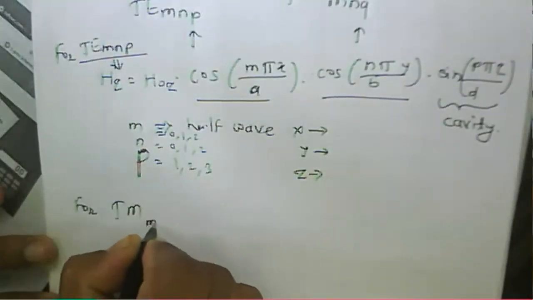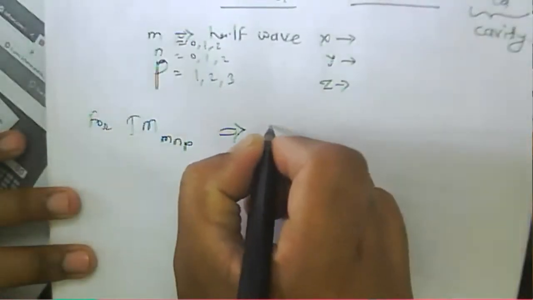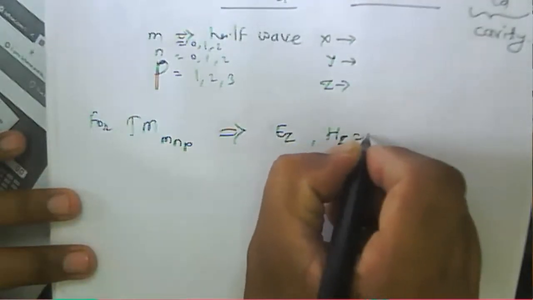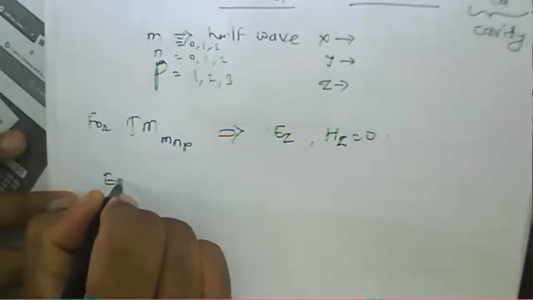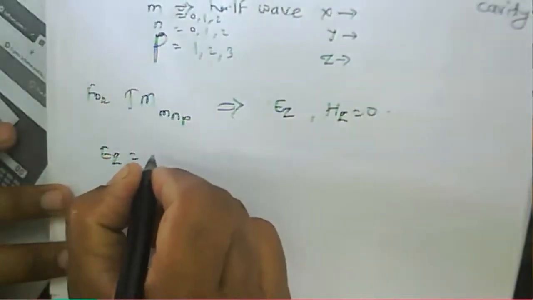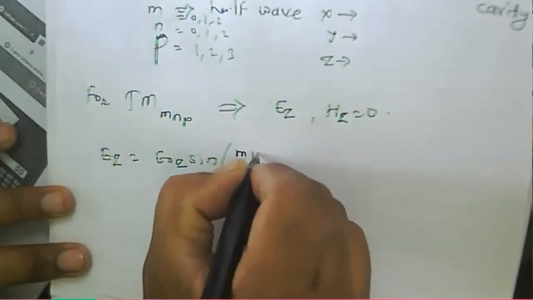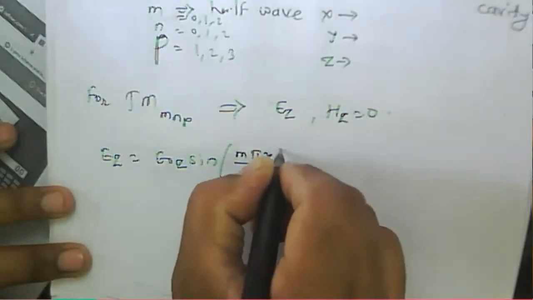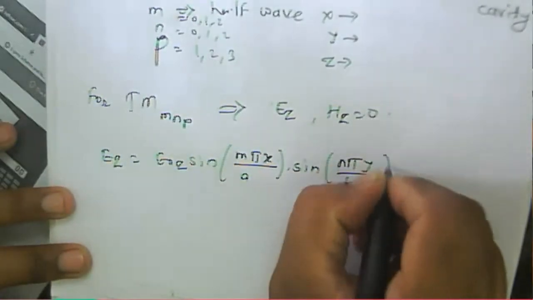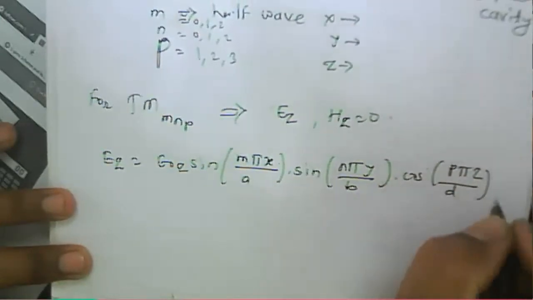For a TM mode, is it the same? Only the condition differs: for the TM mode, Hz is equal to 0, and that's why we can find the component Ez. That is Ez equals sin of m pi x by a, sin of n pi y by b, cos of p pi z by d.